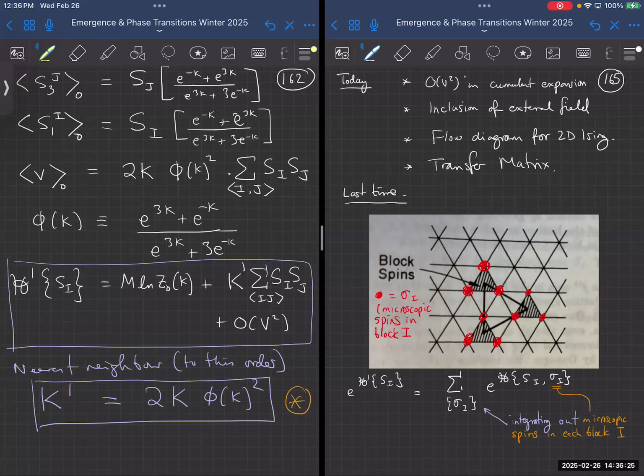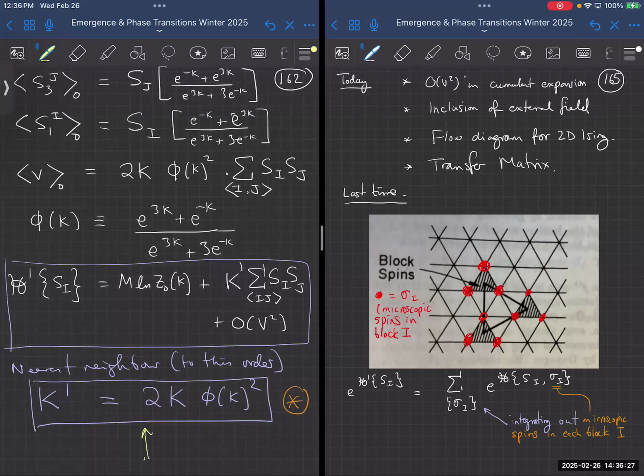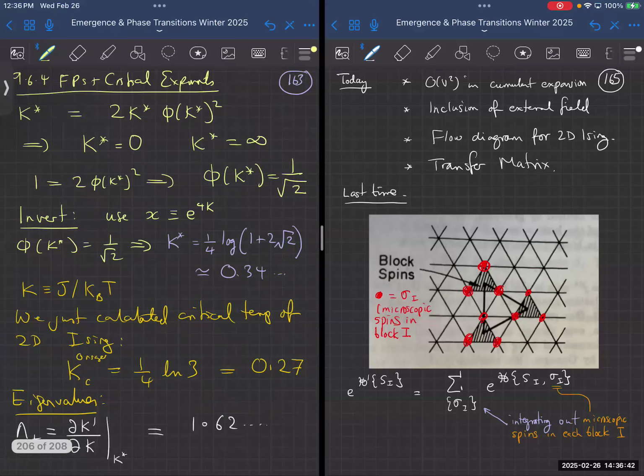That coupling constant is given down here on the left. K' is 2K Φ(K) plus 5K squared, where this function Φ(K) is calculated over here in the middle of the page.